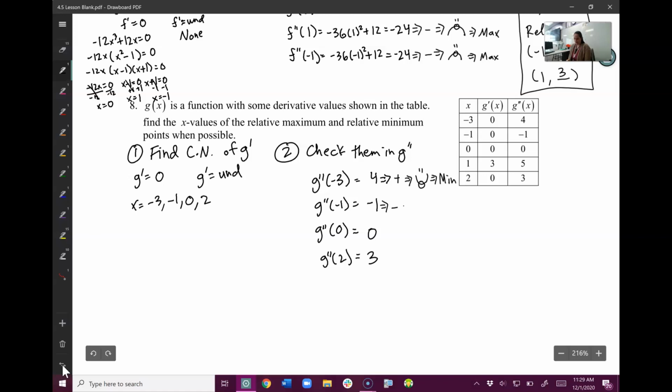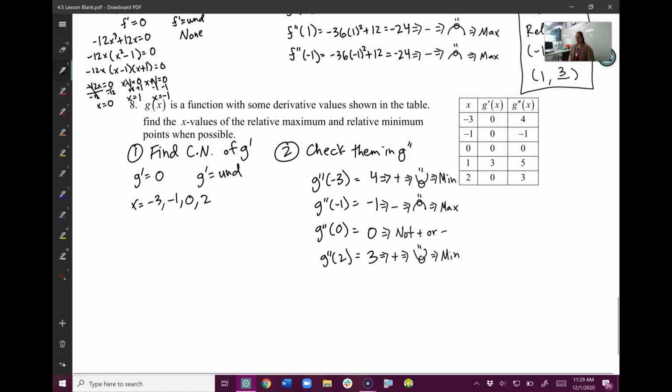That one is negative, so that's going to be concave down, frowny face, which is going to be a max. And the 3 is positive, so that's concave up, smiley face, which is going to be a min. Now, this 0 is not positive or negative. So because it's not positive or negative, I don't know anything about it.